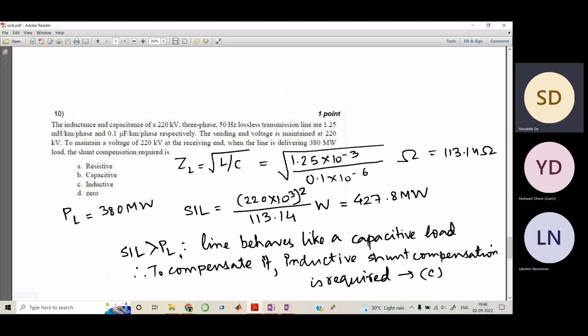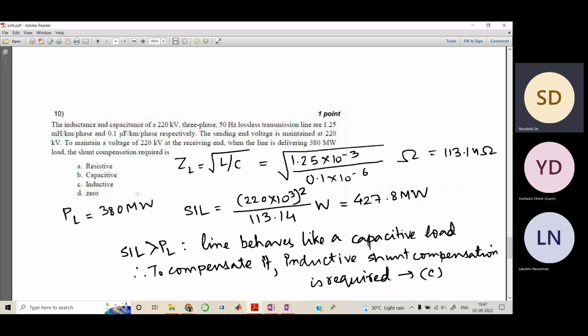Now there is a notation which is followed here. Your load is 380 megawatt. If the surge impedance loading is greater than your PL, which is the load power, the line generally behaves like a capacitive load. To compensate it, you require the opposite of capacitance.